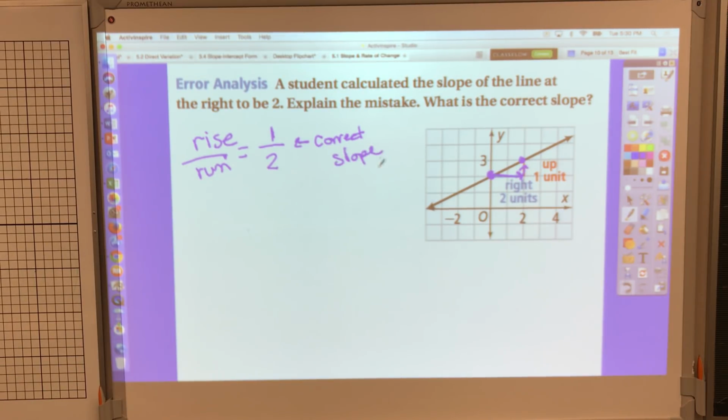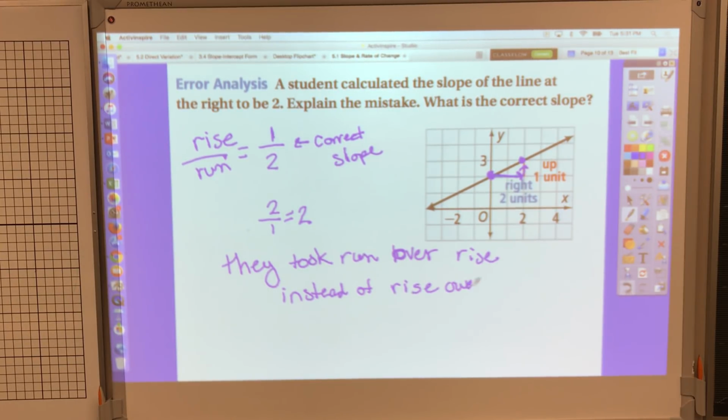To get a slope of 2 would be to end up with 2 over 1 because that simplifies to 2. And if they did that, what they actually did was they put their run over their rise, instead of their rise over the run.